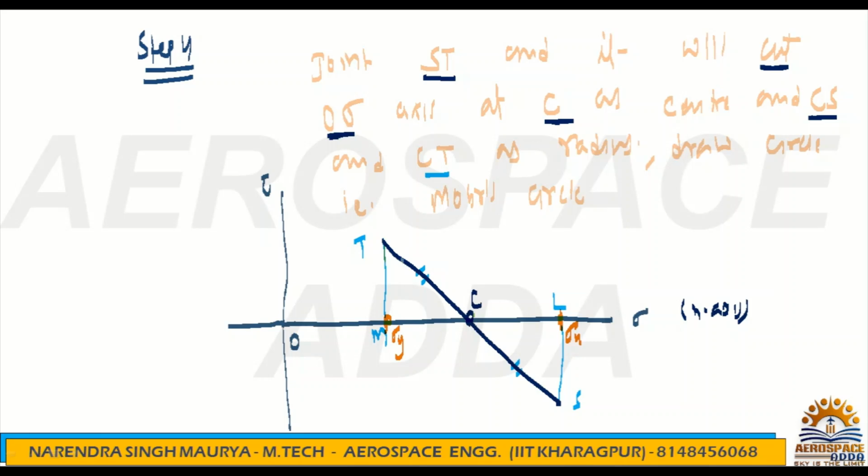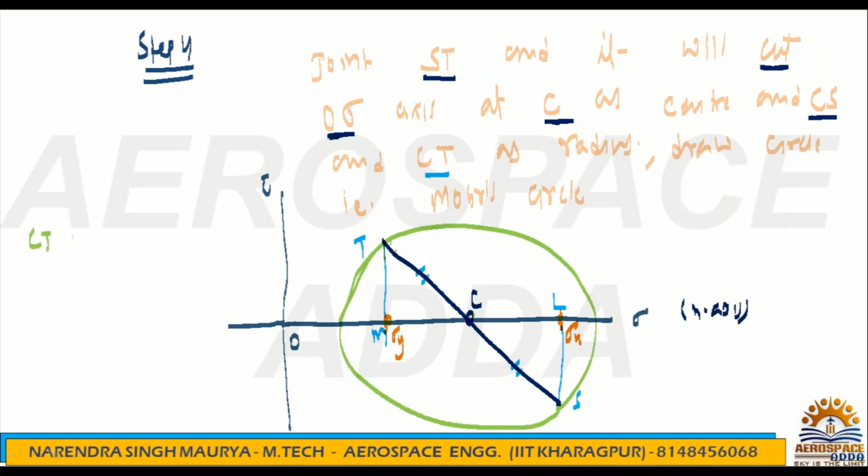You can draw the circle. Maybe I'm not able to draw a proper circle. The circle will be something like this. You have to touch because CT will be radius, CS will be radius. You can write here CT and CS is radius.